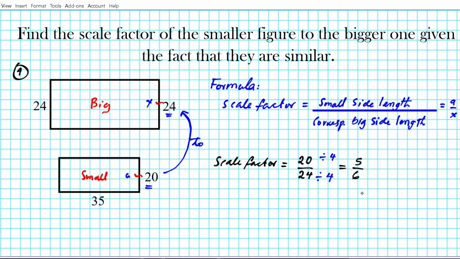You can write it as a fraction, as a ratio, and also as a decimal. As a ratio it is 5 to 6.